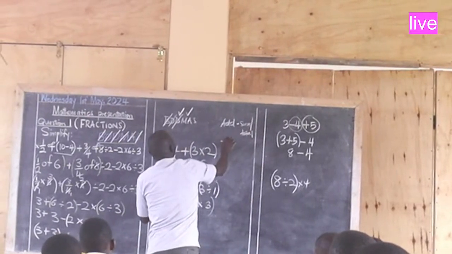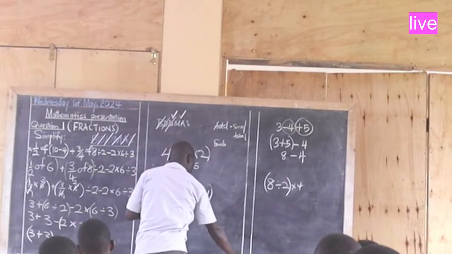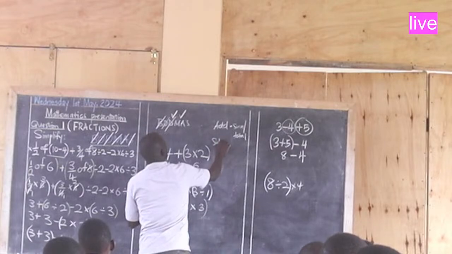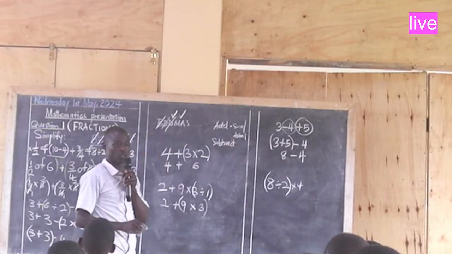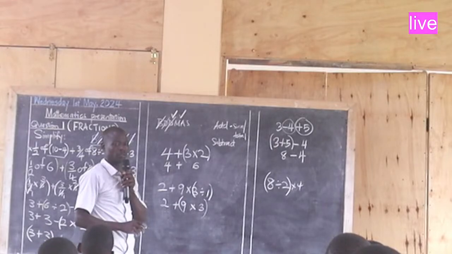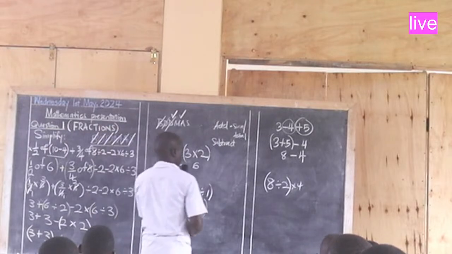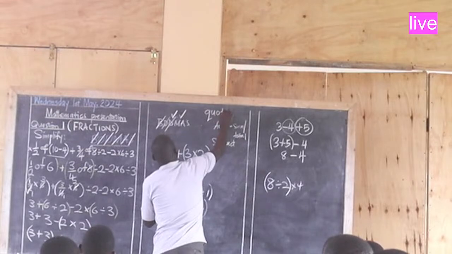When I subtract, I get difference. When I multiply, I get product. When I divide, I get quotient. That is the spelling, quotient.